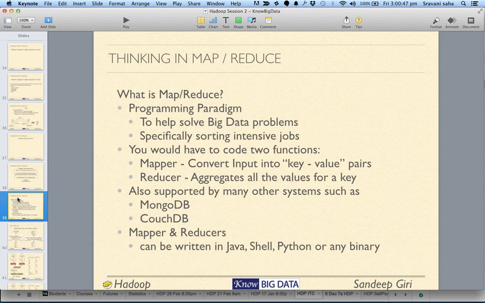Hadoop will take these two functions, run mapper on each input. Whatever output comes in, it will sort it, and for each key, all the values will be put together, and these values will be fed to your reducer function, and then it will give out the single value for that. All right, sounds cool to you?